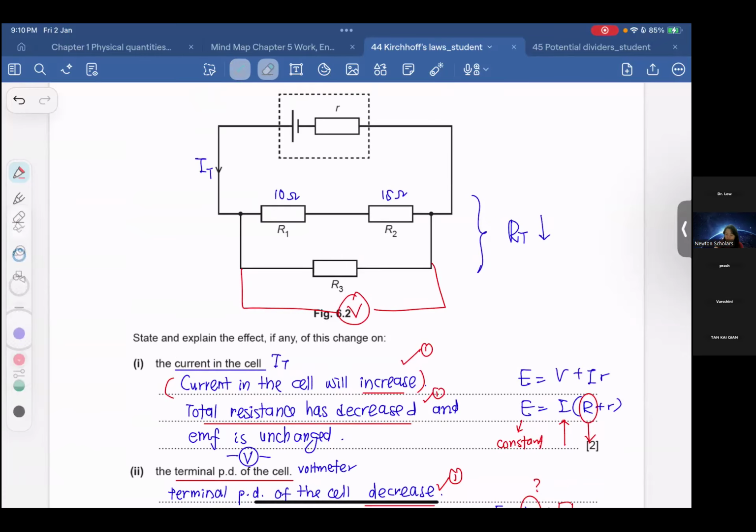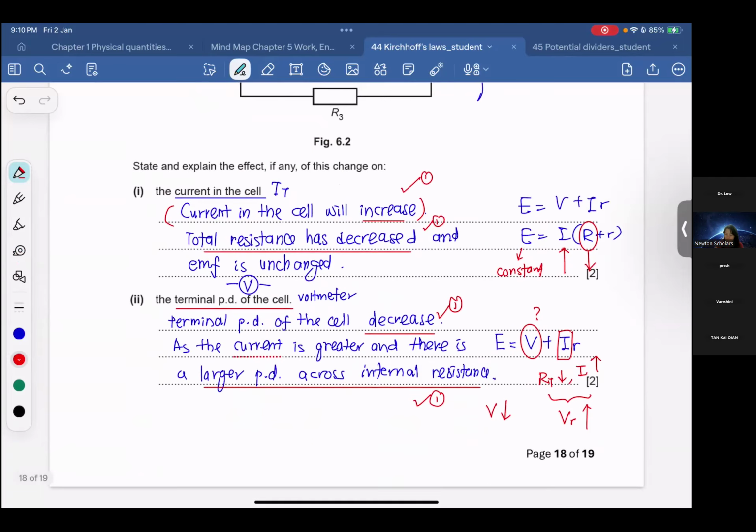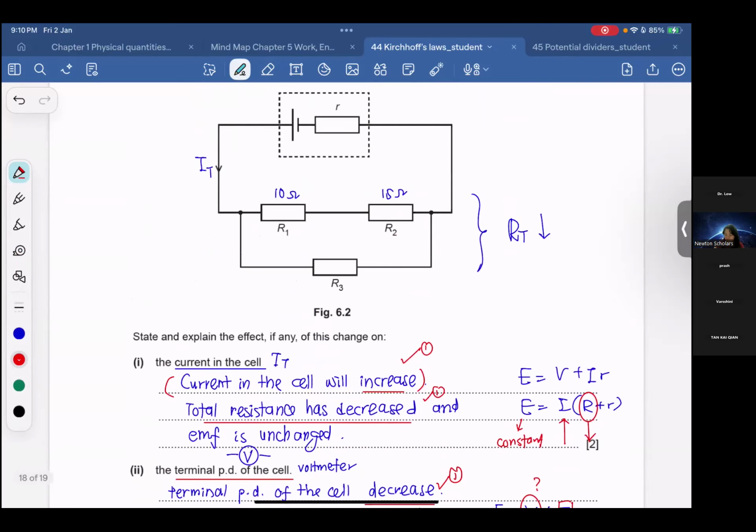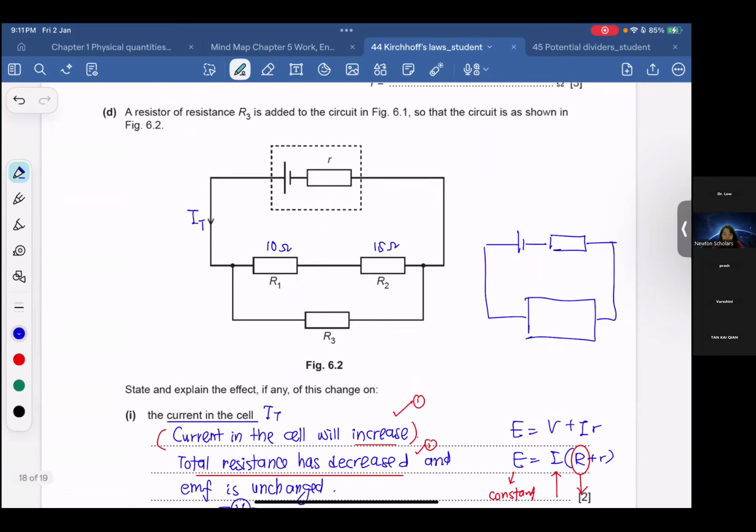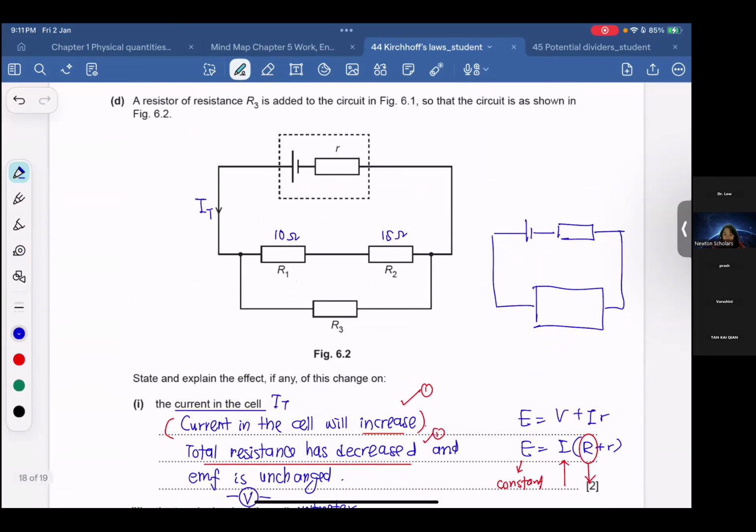So the correct way to do the comparison, maybe I can draw another circuit for you to have a look. I draw it this way. The internal resistance is also a resistor. This one is a big resistor where I combine the three resistors. Let's say here is 1.5 volt.